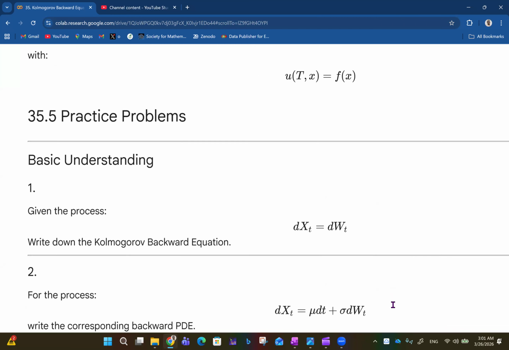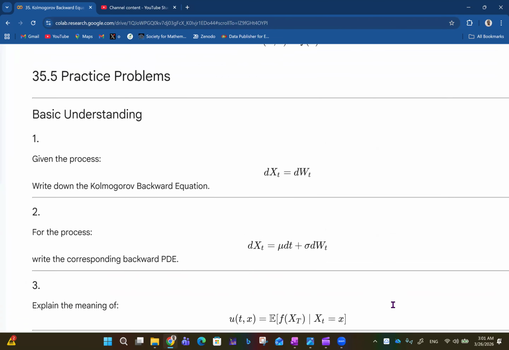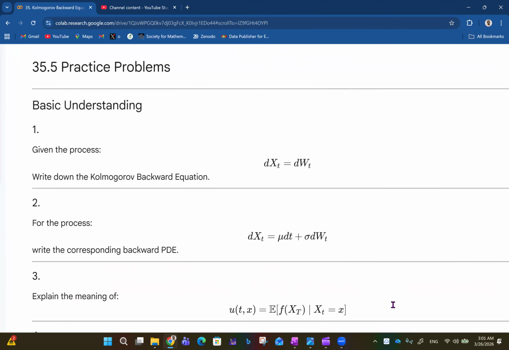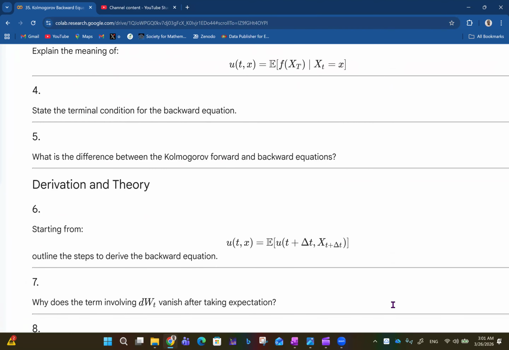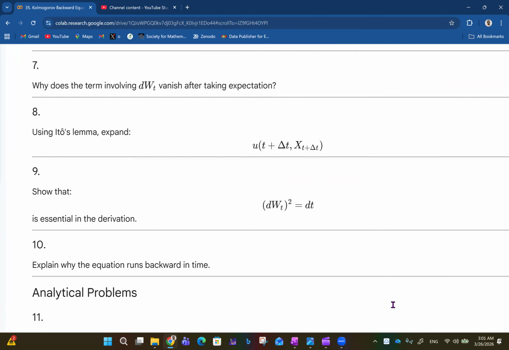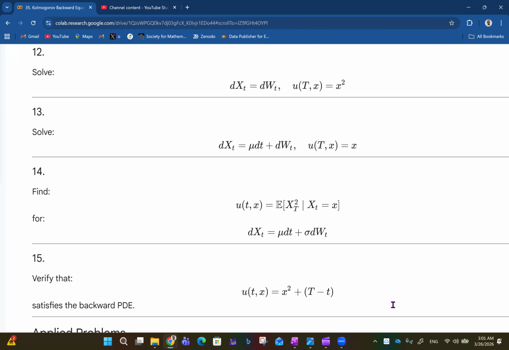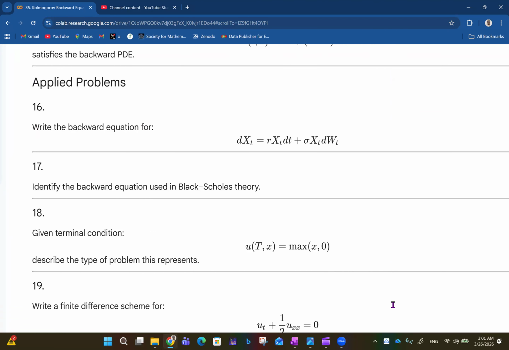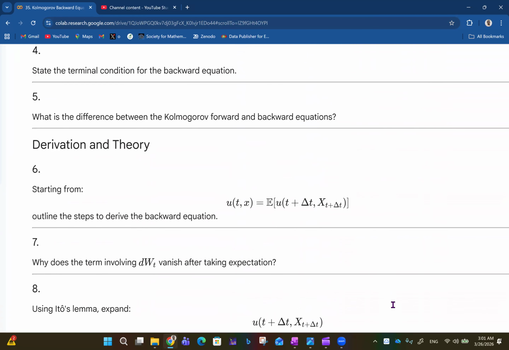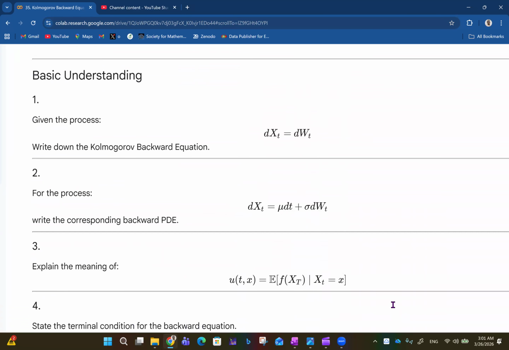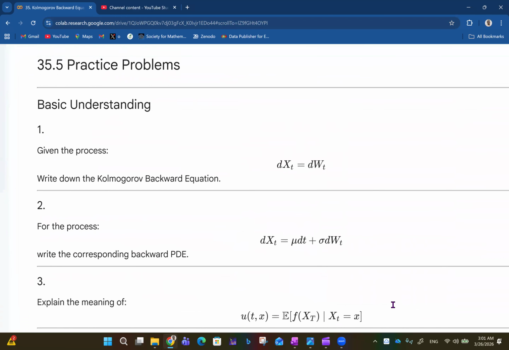And then that brings us to the practice problem. Some we have seen already. So you want to try your hands on this to see how well you understand the concepts as explained earlier. We have more theory and derivation problems here. So you want to look at this alongside what we did in the notes and try your hands on them. Let me know how helpful this is for you, and if there's something else you'd like me to try out, feel free to let me know.